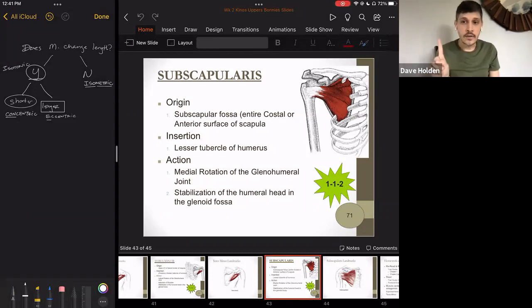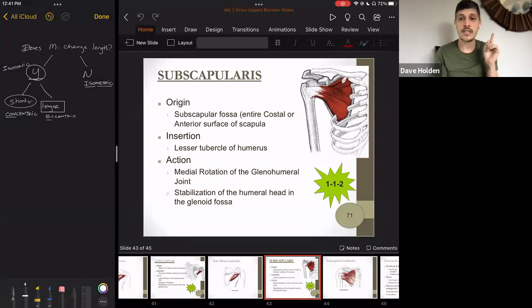It is the only rotator cuff muscle that inserts on the lesser tubercle. All the other three insert on the greater tubercle. It is also the only rotator cuff muscle that inserts on the anterior side of the humerus, making it the only one capable of medial rotation.